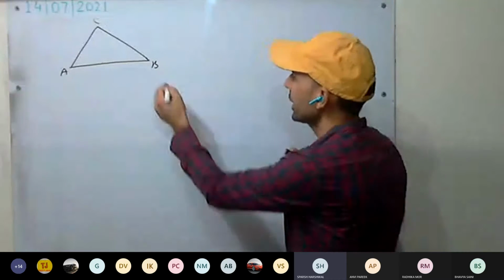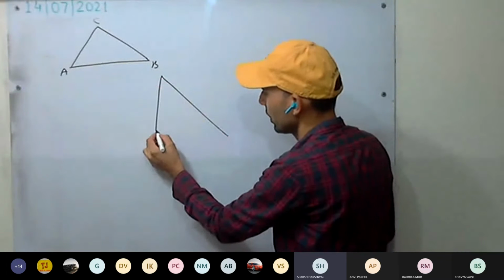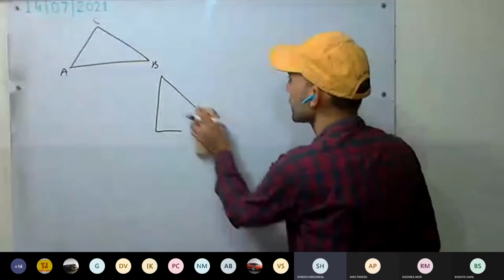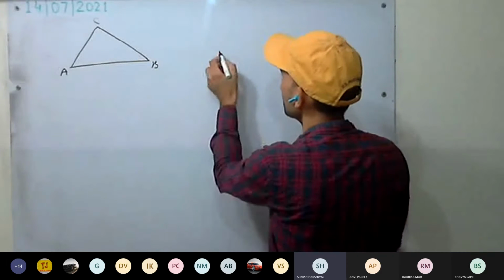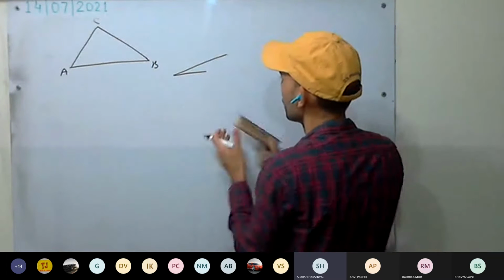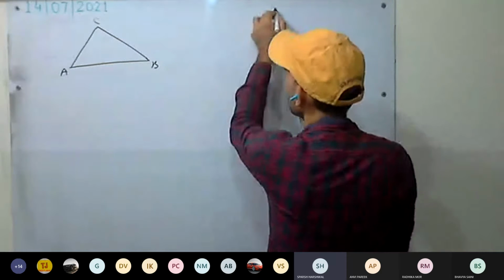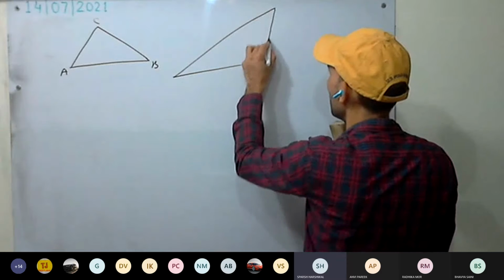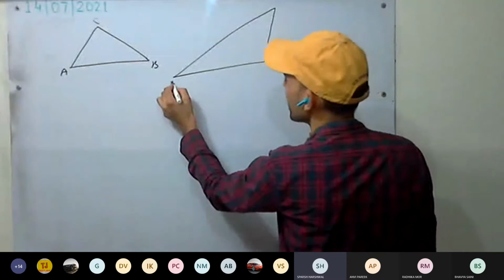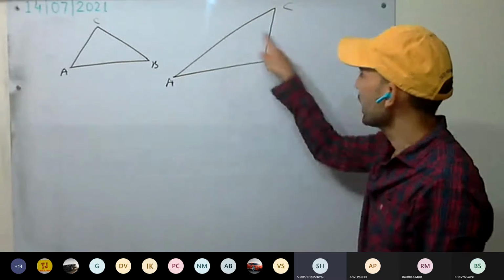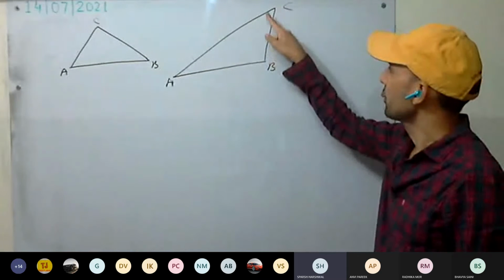Understood this one? Take any triangle with different angles. Now you can easily get A, B, C. Different lengths of the sides, different angles.